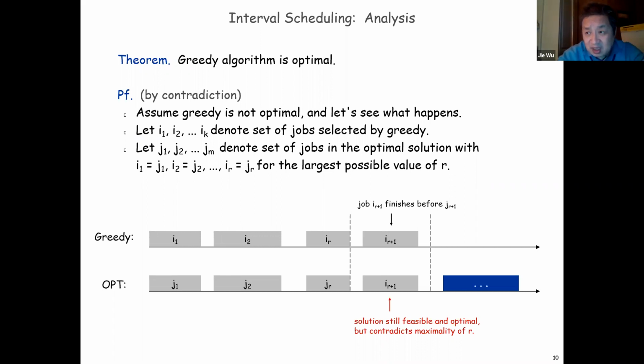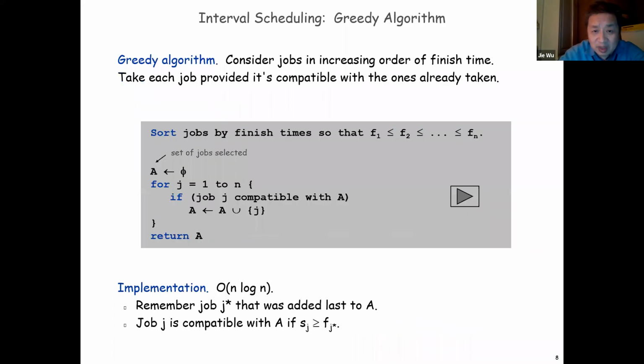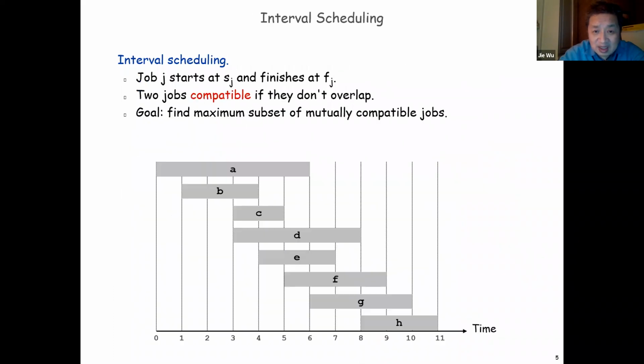Because you select the earliest finish time, you have more time than all the other choices, or at least the same. Then whatever the remaining solution is, it will not be worse than the other solution. So the key is that if you select the earliest finish time, you have more time to schedule the remaining jobs, at least the same as in the other one. So whatever the solution, it will not be worse than the other situation.